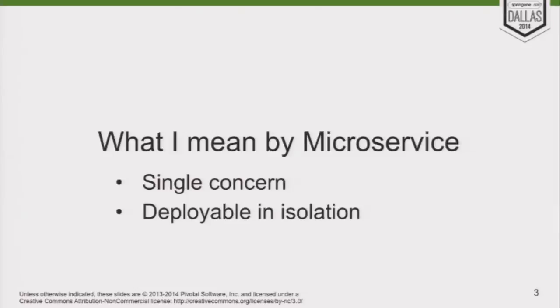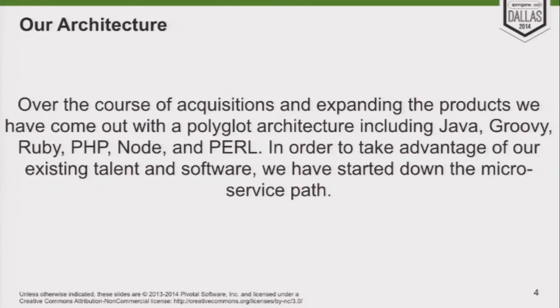To really dig into what we have, I wanted to talk about what our architecture is at ReachLocal. Over the course of a number of acquisitions, expanding products and everything, we have a very large polyglot architecture. We have a little bit of everything, and if you can name a language other than .NET, I guess. Oh no, there's .NET. Sorry, there's a product with .NET. So pretty much every language you can imagine, except for maybe F#, because I've never seen that in production.